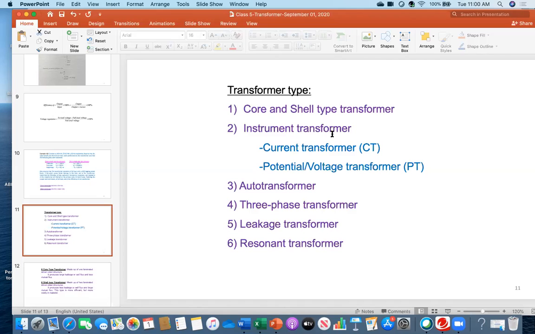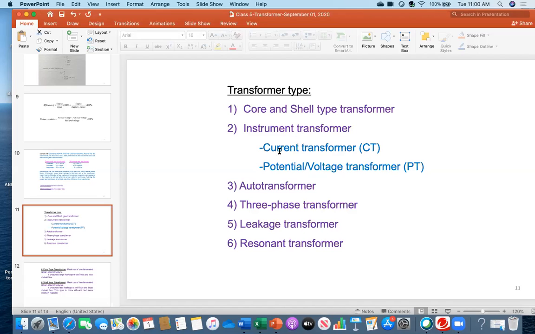An instrument transformer has two types. One is called current transformer, briefly called CT, and the other one is called PT, potential or voltage transformer. In the power industry, if you visit a utility and talk with an engineer over there, they just say CT, PT.